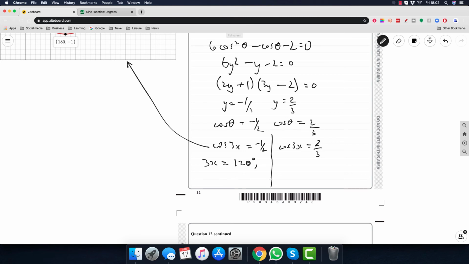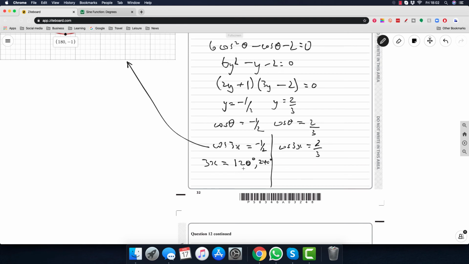And there's various ways of knowing how to find the next one. The shortcut really is that with cosine, the symmetry is that it's 360 take away this angle, so the next one is going to be 240 degrees. Now if you want any more angles, you would then have to add 360 on to each of these or subtract.